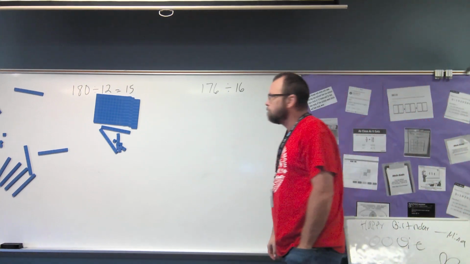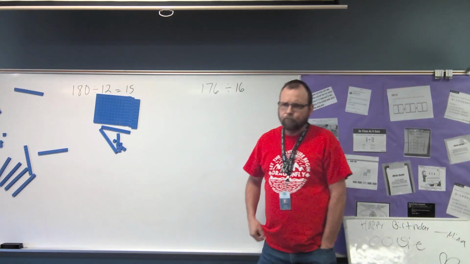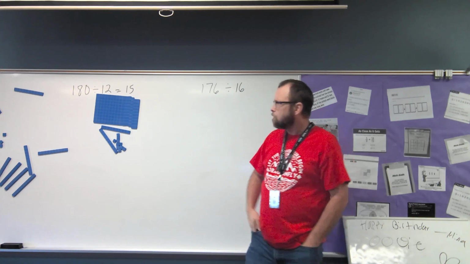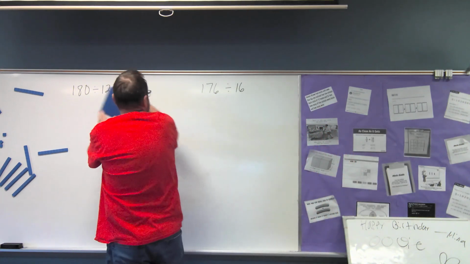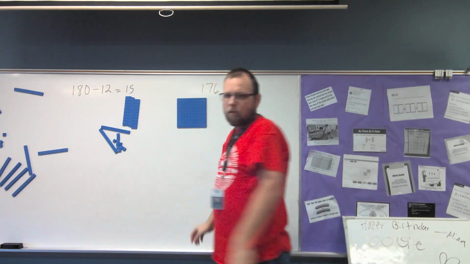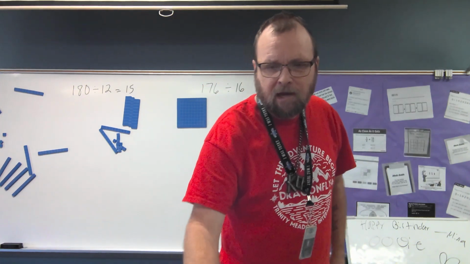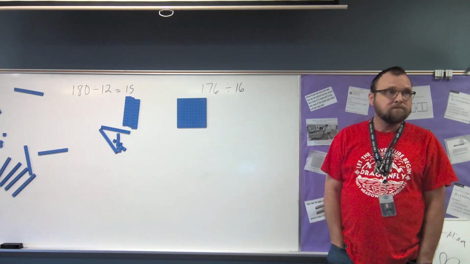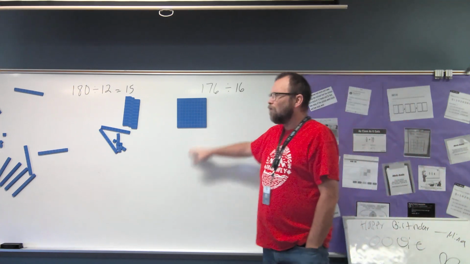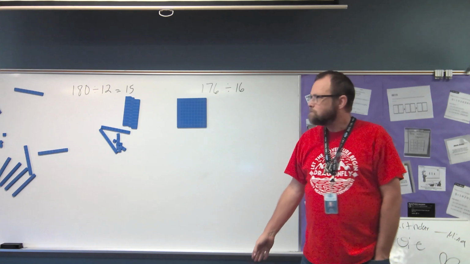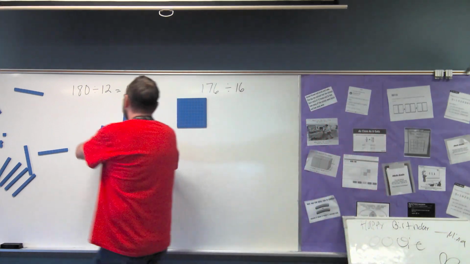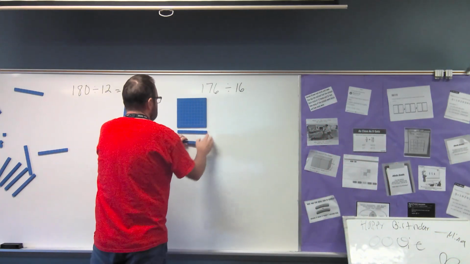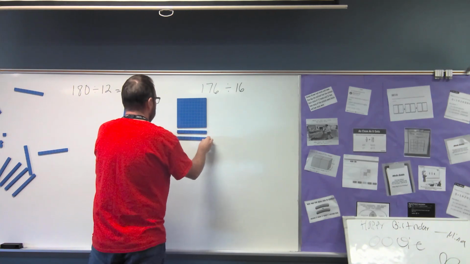William, where do I start? You start with the 100. Start with my 100. Okay? And my next step is what, Landry? You need to do 6 tens under it. Why? Because you need to make 16. Because I need to make 16. I have to have 16 in each column.